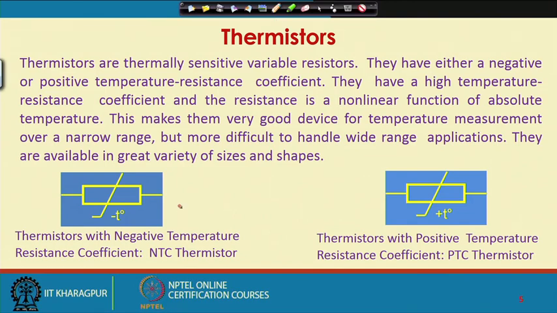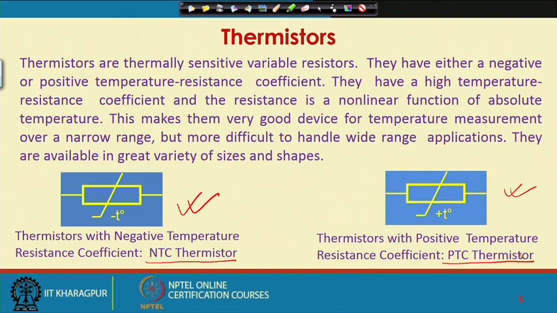This is how we indicate thermistors with negative temperature resistance coefficient. In short, we call NTC thermistor. And this is how we indicate thermistors with positive temperature resistance coefficient. In brief, we call PTC thermistor.